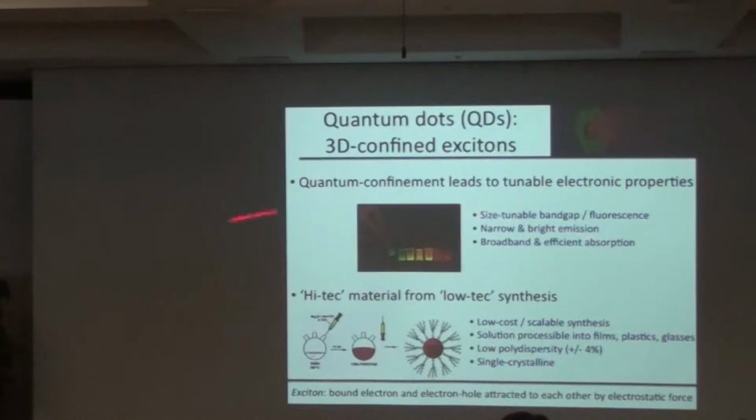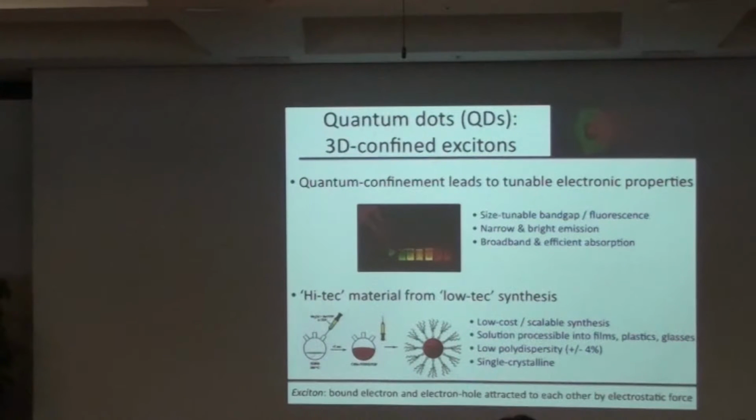And significantly, for the purpose of applications, all of these are produced at low cost and in scalable solution phase syntheses. And we like to refer to these as high-tech materials from low-tech methodologies. The resulting particle size distribution, and therefore the resulting quality of the photoluminescence obtained from them, is easy to control in a very monodisperse fashion, where we can achieve particle sizes that are distributed by plus or minus 4 or 5%.